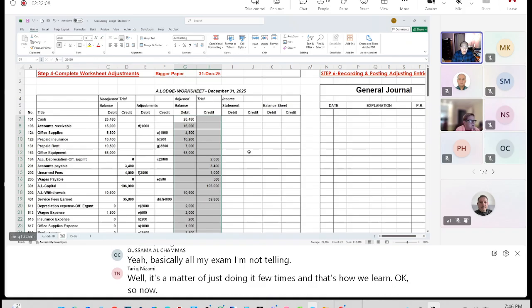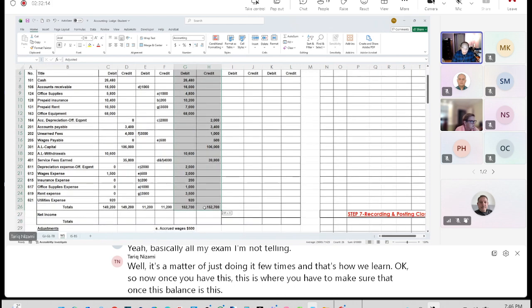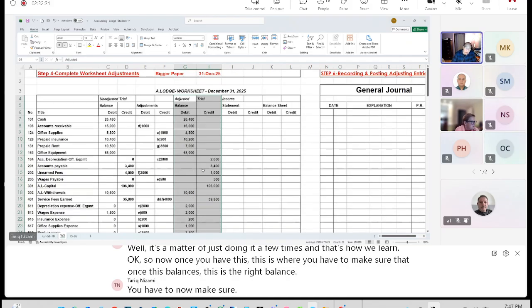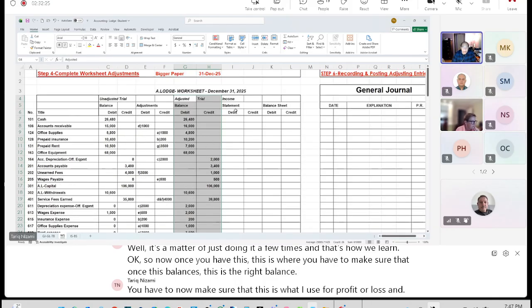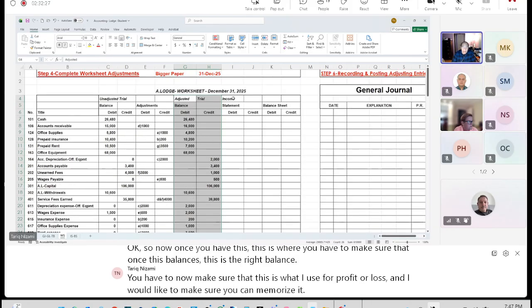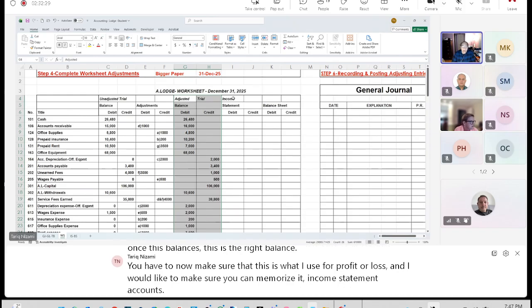Okay, so now, once you have this, this is where you have to make sure that once this balances, this is the right balance. You have to now make sure that this is what I use for profit or loss. And I would like to make sure you can memorize it. Income statement accounts are all revenues, costs, and expense accounts. They start with 400.